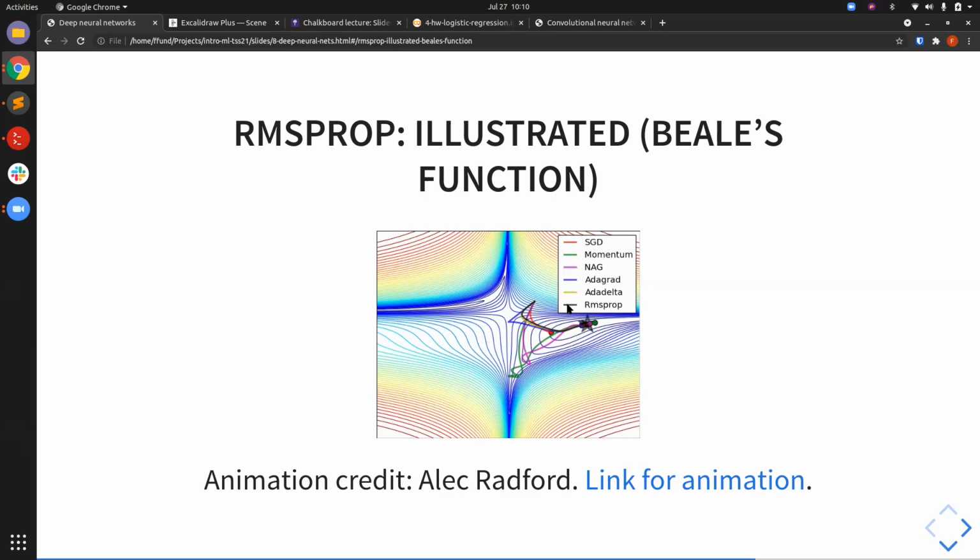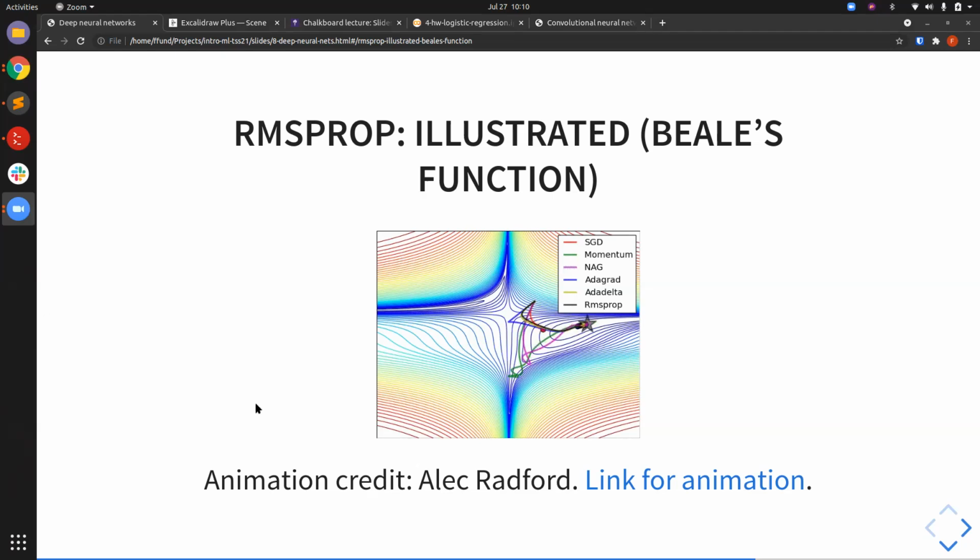Now look at the RMSprop line, which is a black line. You can see the RMSprop line scales the gradient update so that if the gradient is large, the learning rate gets a little smaller. So it moves faster than stochastic gradient descent, but doesn't bounce around.